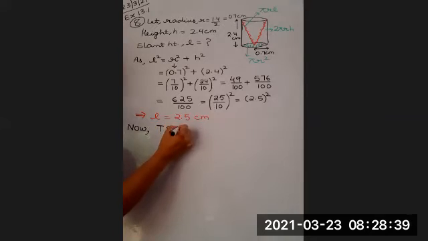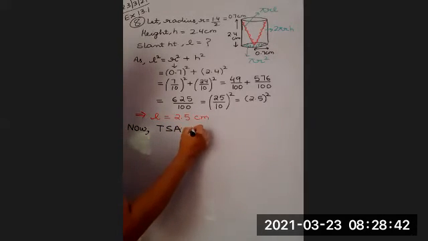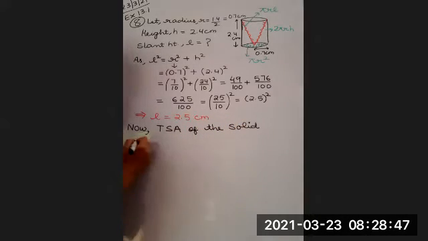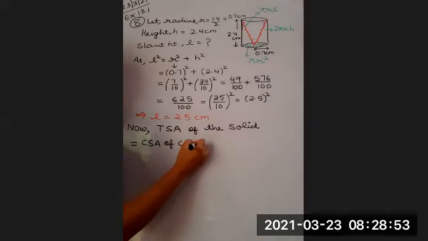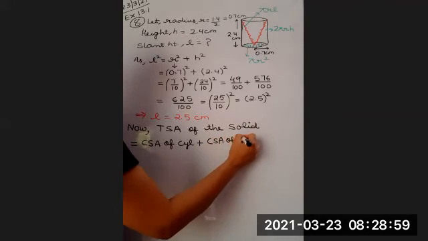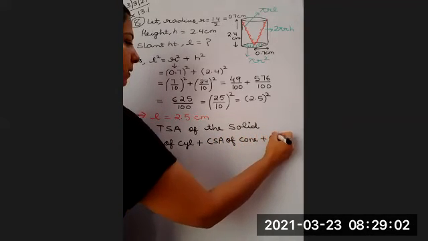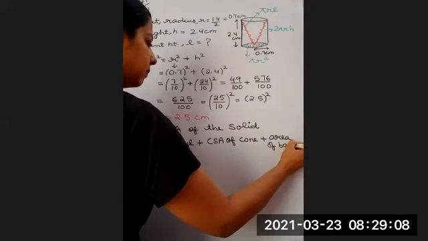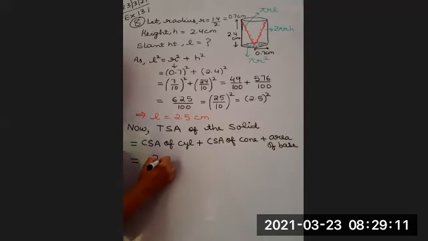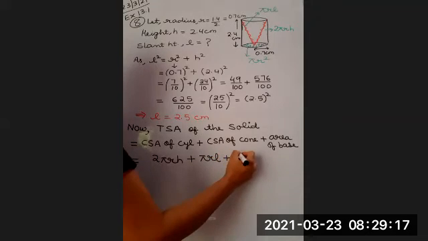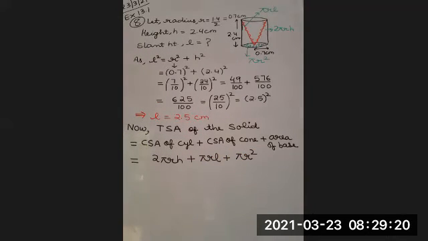TSA means total surface area of the solid is equal to CSA of cylinder plus CSA of cone plus area of base, which is equal to CSA of cylinder is 2 pi rh plus pi rl and area of base is pi r square.